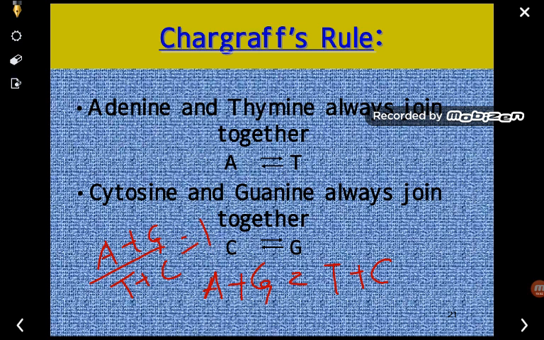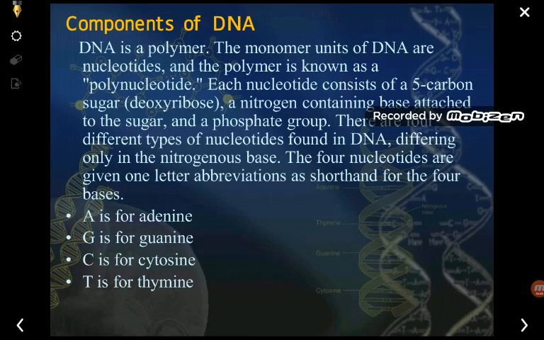For every purine present on one strand, there is a pyrimidine on the other strand, or vice versa. So this is said to be the Chargaff's rule.